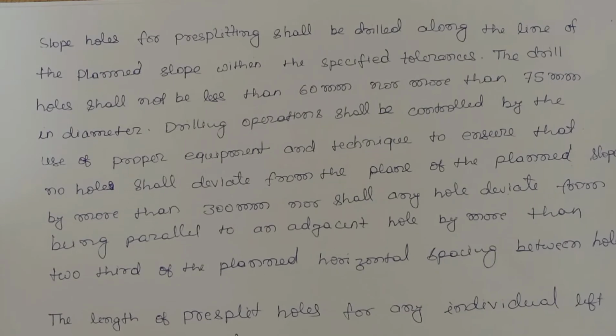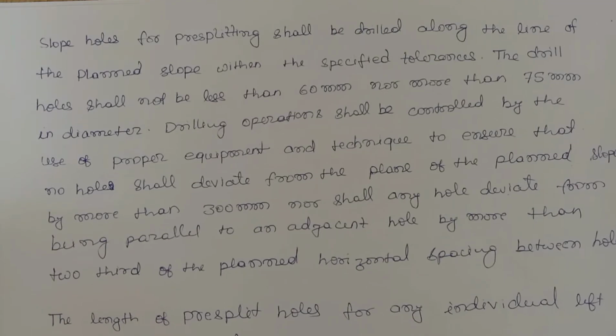Drilling operations shall be controlled by the use of proper equipment and technique to ensure that no hole shall deviate from the plane of the planned slope by more than 300 mm, nor shall any hole deviate from being parallel to an adjacent hole by more than 2/3 of the planned horizontal spacing between holes.